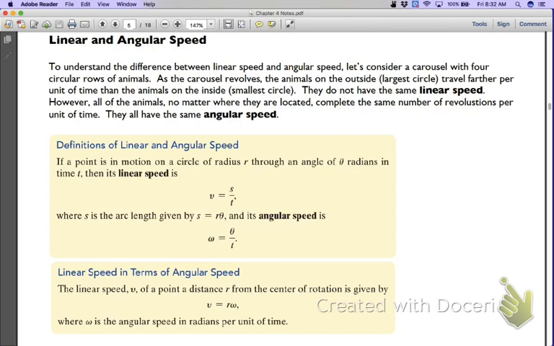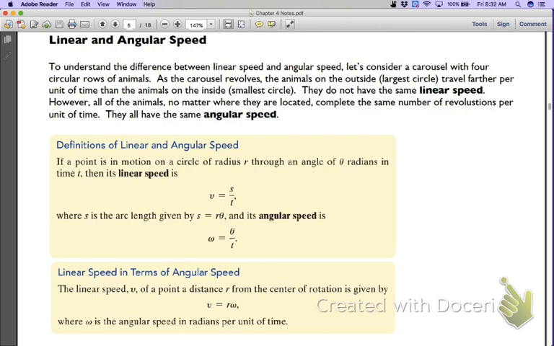So if a point in motion on a circle has a radius of r through an angle of theta radians in t time, then its linear speed, where the arc length is given by s equal to r times theta, and its angular speed, that's omega, a lowercase omega, which is theta over t.